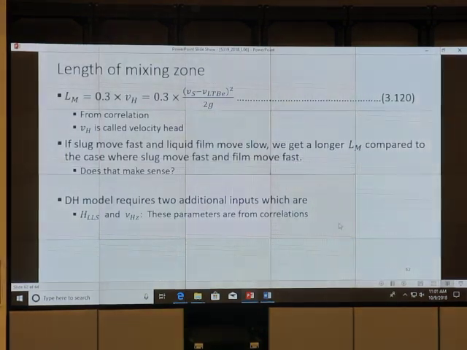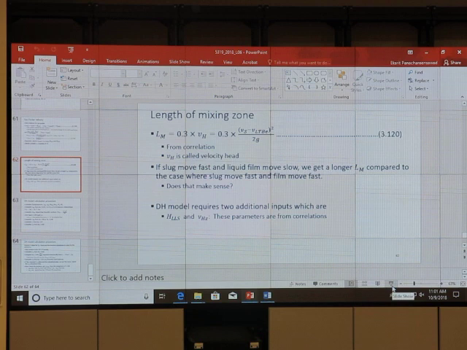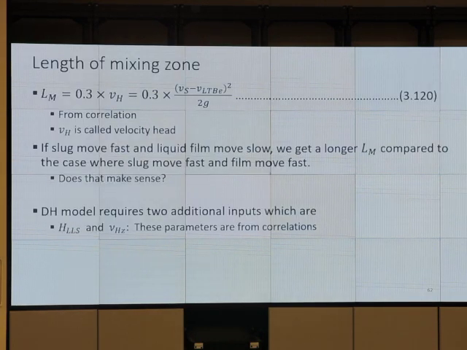Today we're going to talk more on slug flow. On slug flow, we talk about why we should study it. The main objective is to get pressure drop, and that's used for subsea pipelines, horizontal wells, or general production.